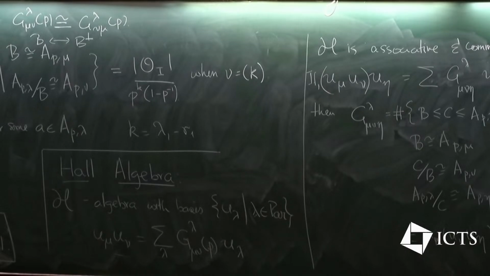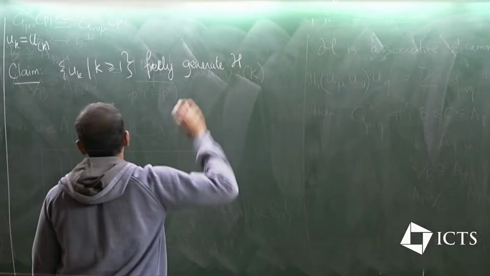Sometimes I will write UK for it, just to simplify notation. And the claim is that the U_k, k greater than or equal to 1, freely generate the Hall algebra.